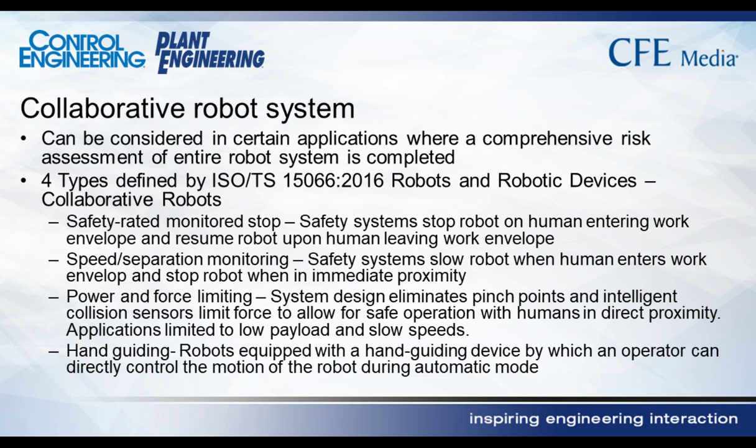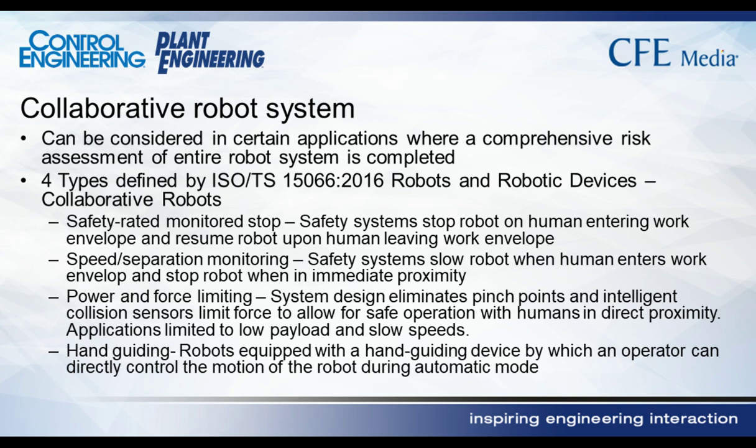Collaborative robot systems can often be considered in applications where a comprehensive risk assessment has been completed and deemed the entire system safe. ISO 15066 for collaborative robots defines 4 types of collaborative robots.